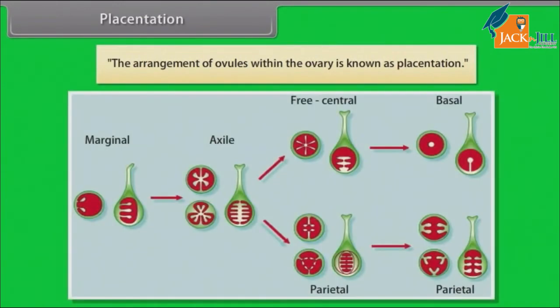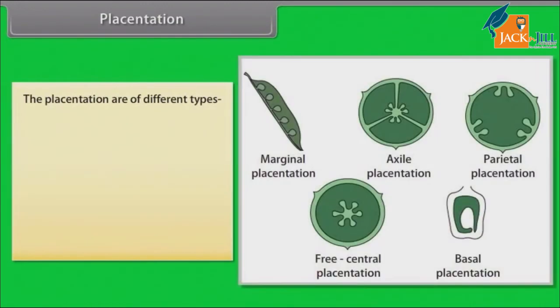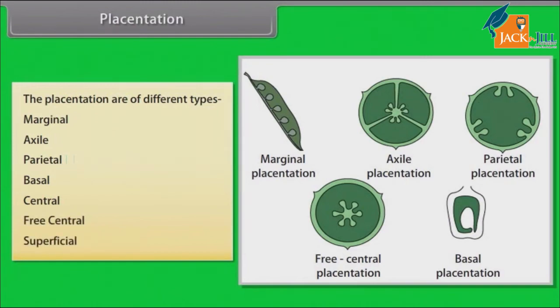Placentation. The arrangement of ovules within the ovary is known as placentation. The placentation are of different types: marginal, axile, parietal, basal, central, free central, superficial.